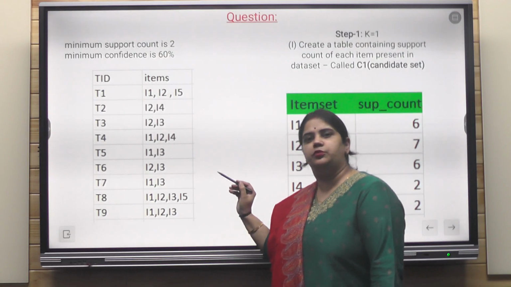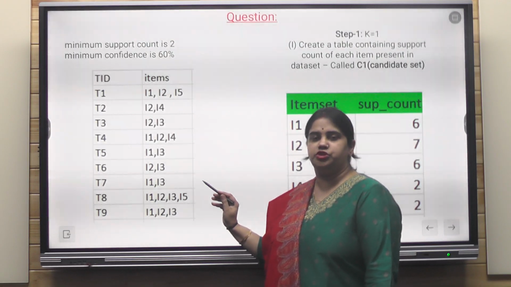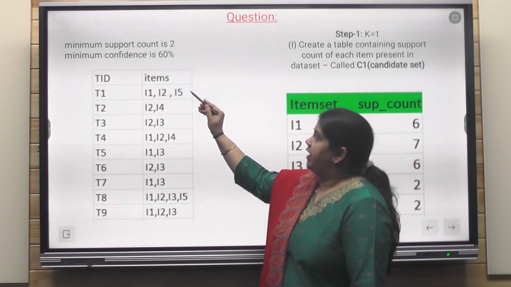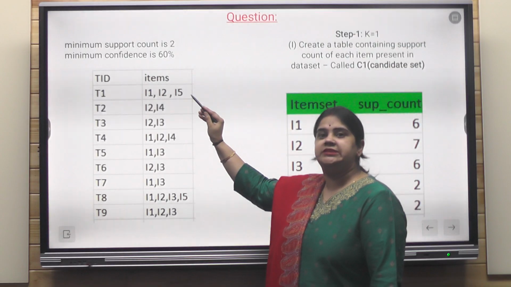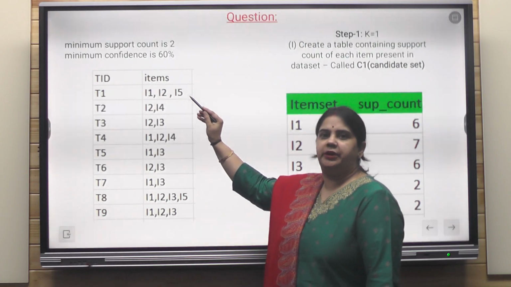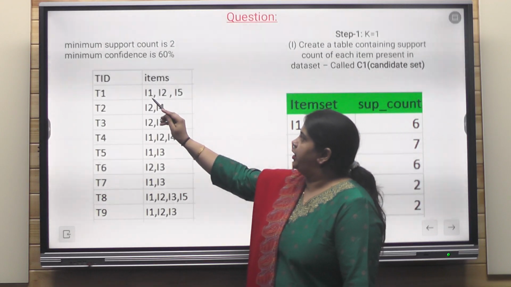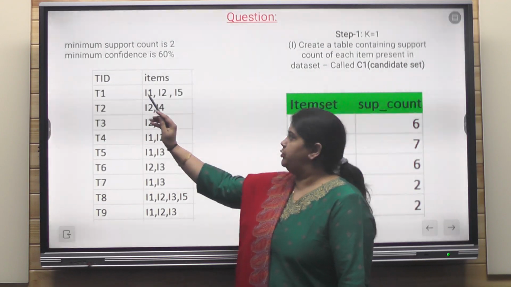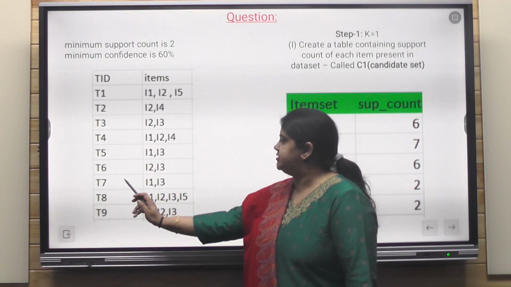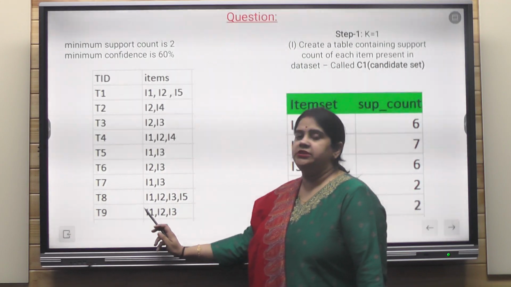The base table is whatever is given in your question. So we'll count how many times I1 has been purchased in a single transaction. So we'll count I1 over the transactions T1, T4, T5, T7, T8 and T9.